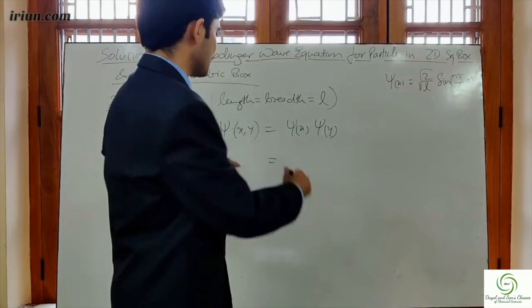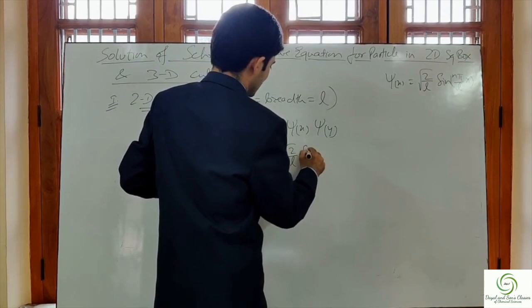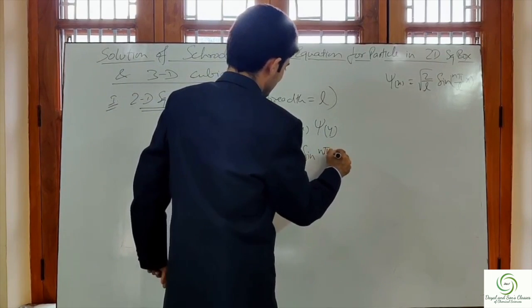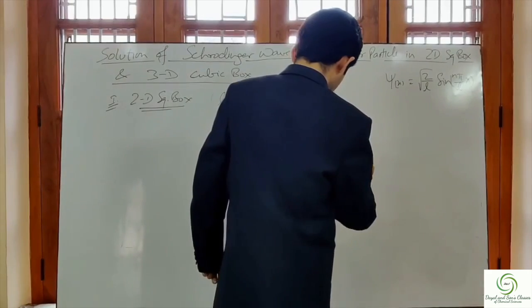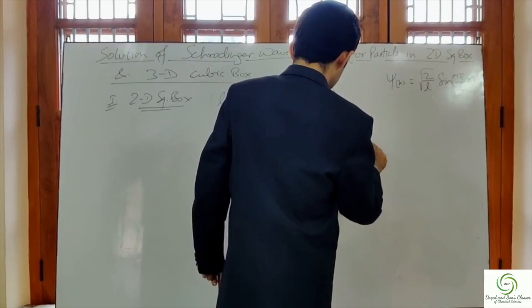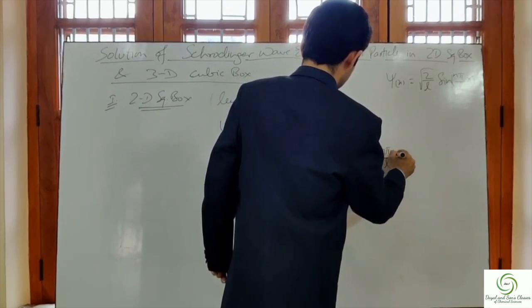So what we will get is root 2 by L into sine n pi x upon L into root 2 by L sine n pi y upon L.